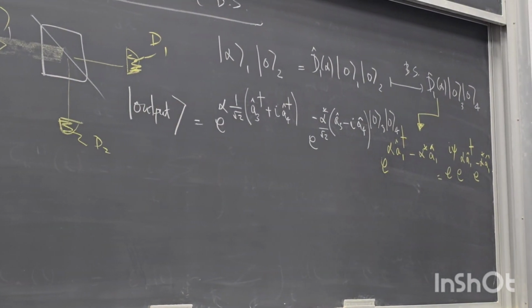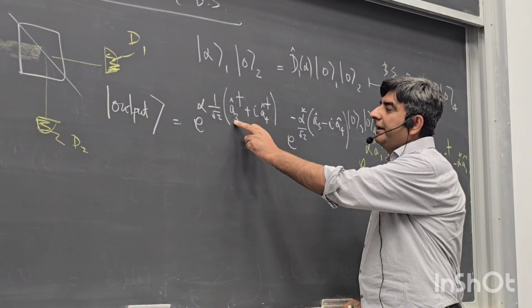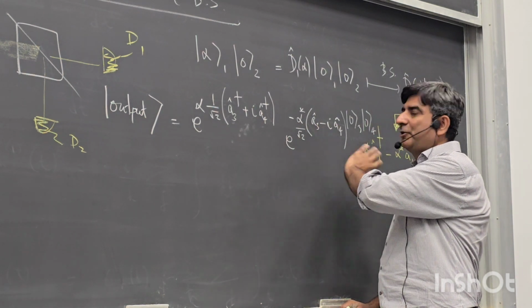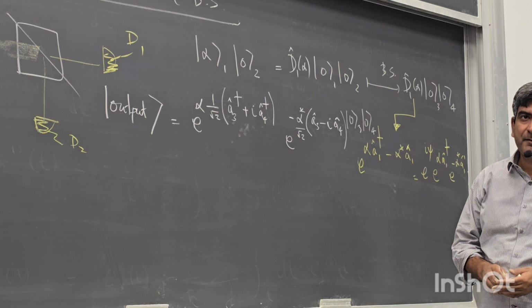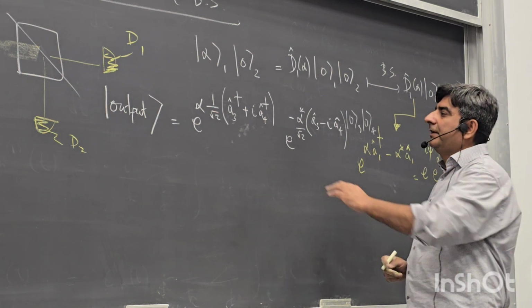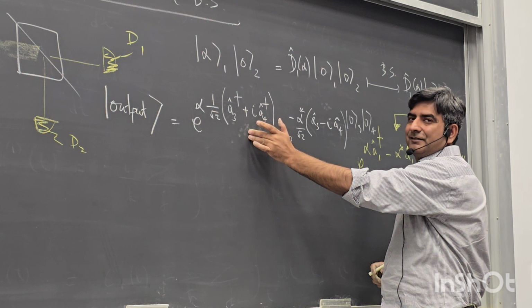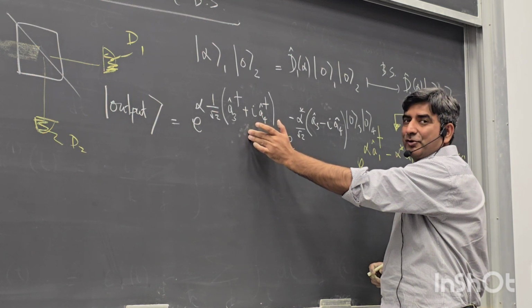Now what I do know, so I know a few things. First of all, I know that A3 dagger and A4 dagger commute, right? Because they act on different input states. I also know that this thing is the dagger of this, and hence they do not commute.